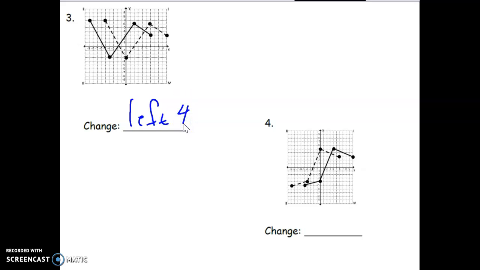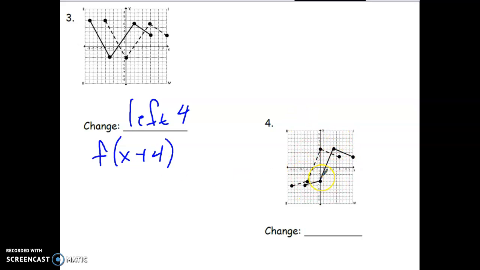So if up and down were on the outside of the function, right and left are going to be on the inside of the function. If I want to move left 4, I'm going to put that 4 on the inside. That plus is probably not what you were expecting. You were probably expecting a minus there, but this one is defined a little bit differently, and we'll look at that in just a minute.